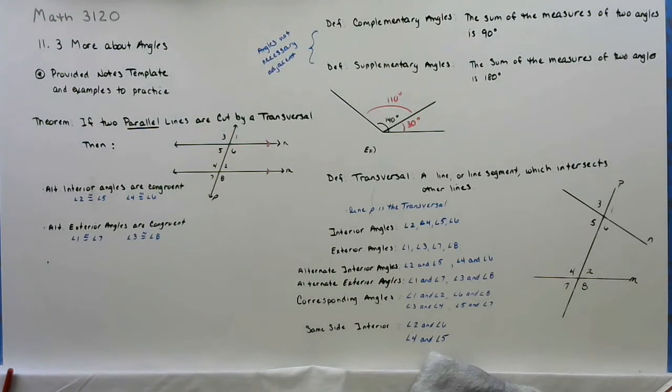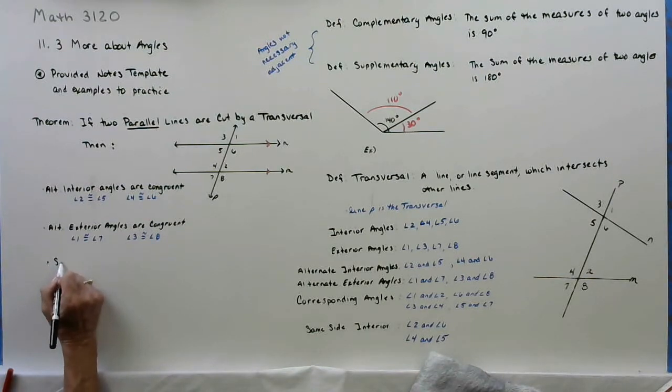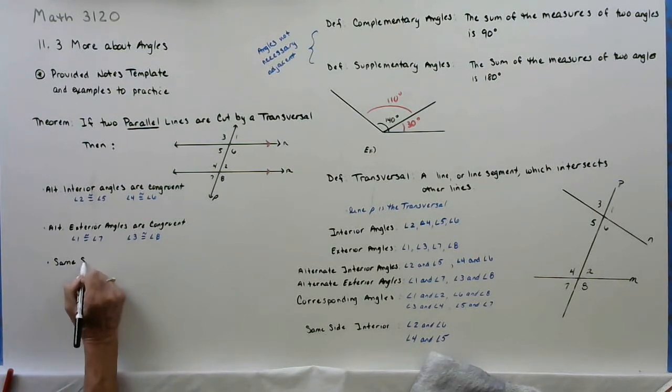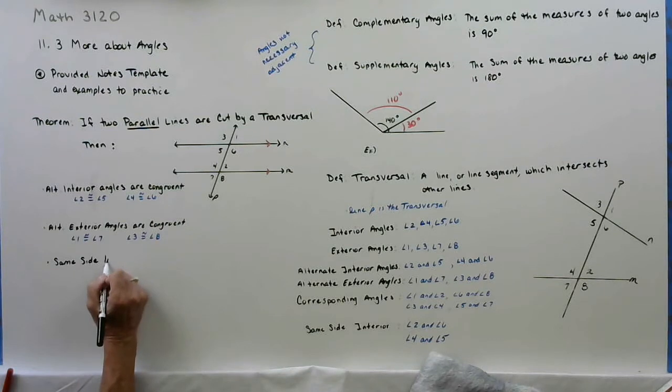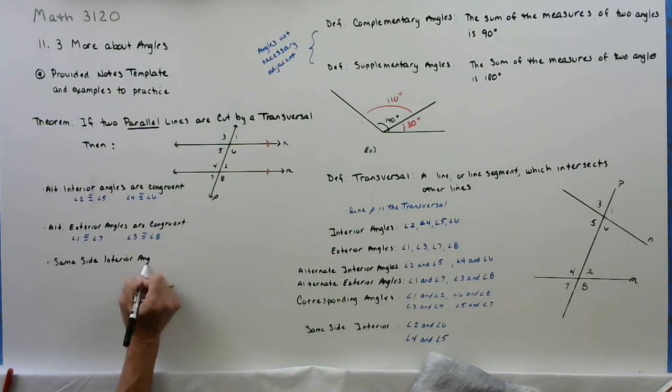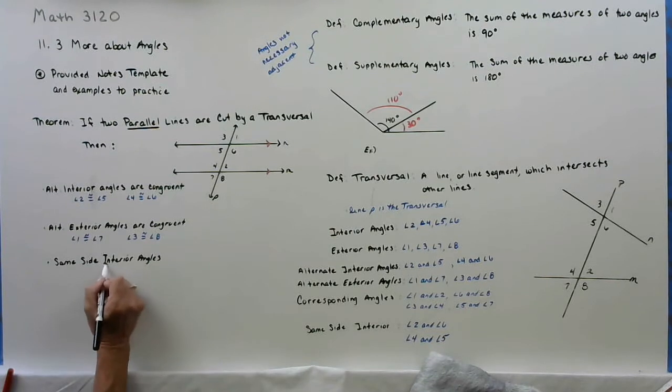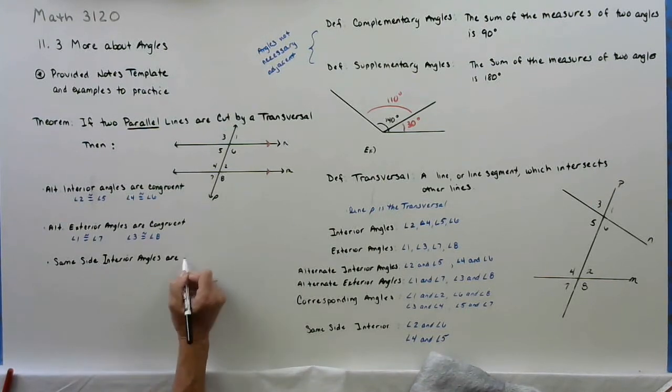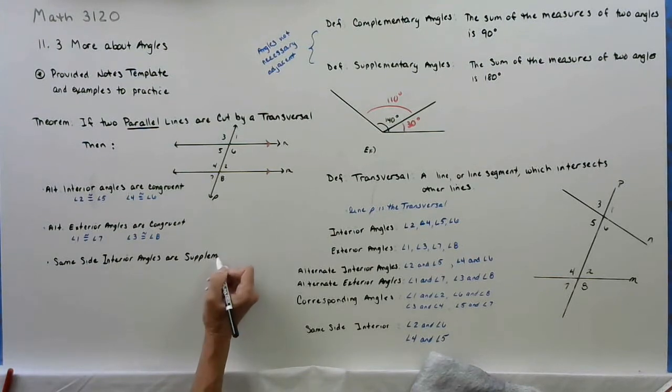Same side interior angles are supplements, meaning that they add up to 180 degrees.